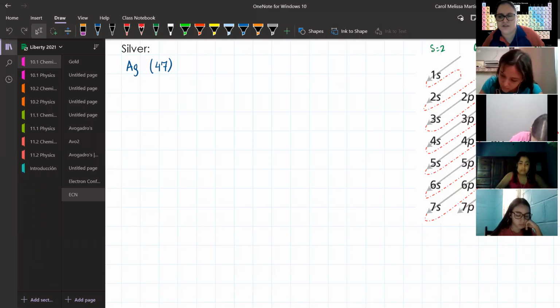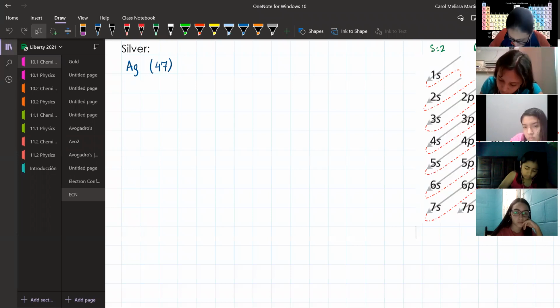I always put them just in case I need to remember those. Remember, this is a quantum number.